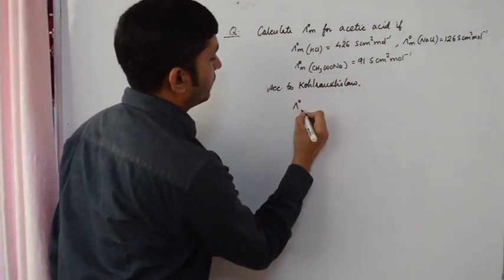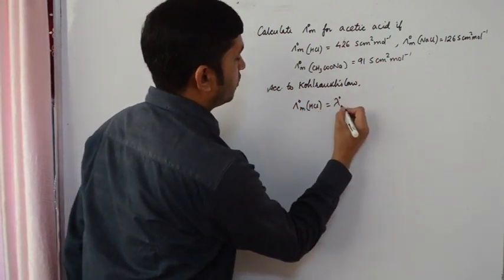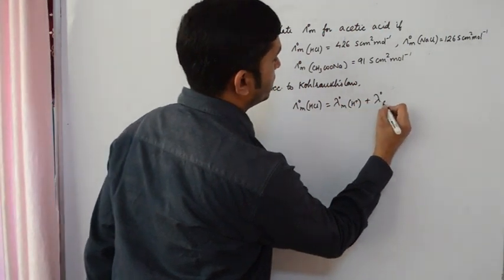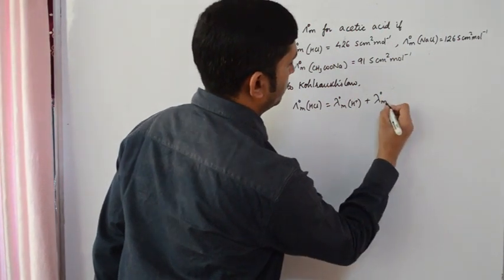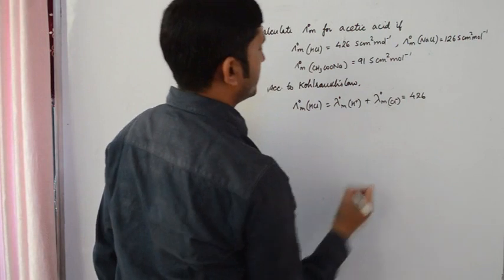limiting molar conductivity of HCl can be written as limiting molar conductivity of hydrogen ion plus limiting molar conductivity of chloride ion, which is given here 426.